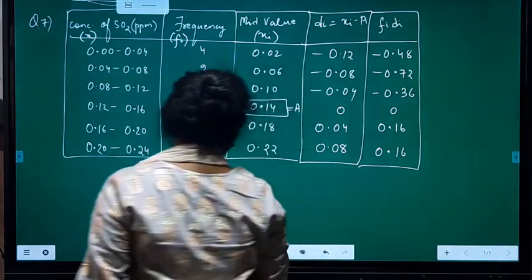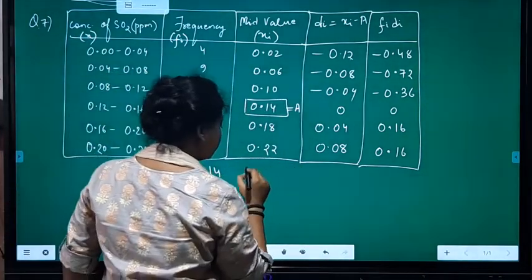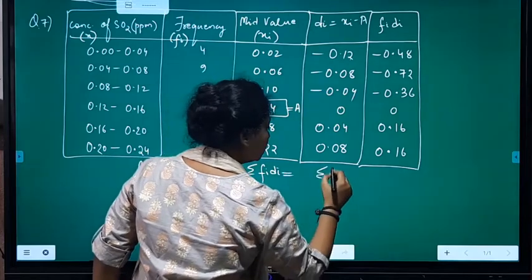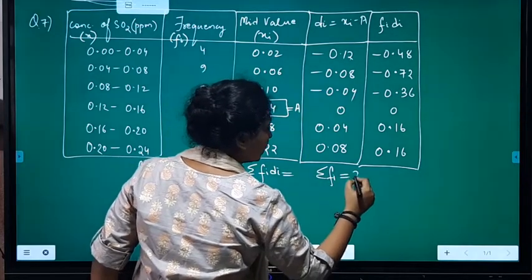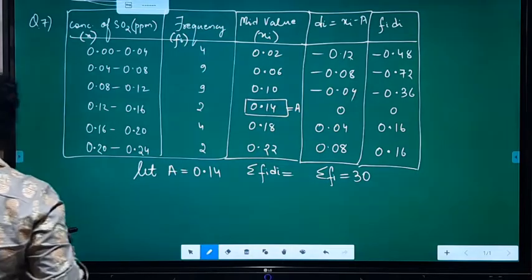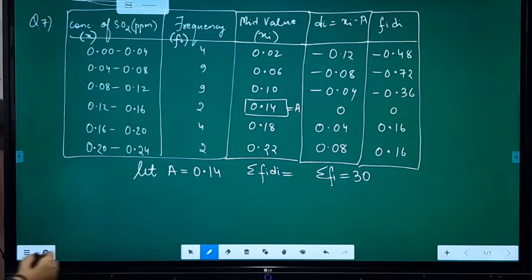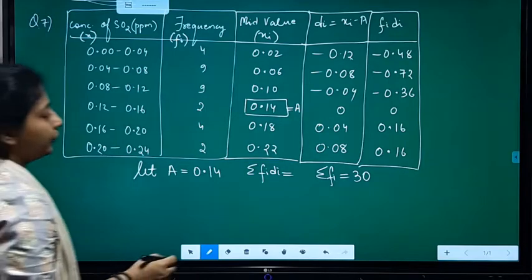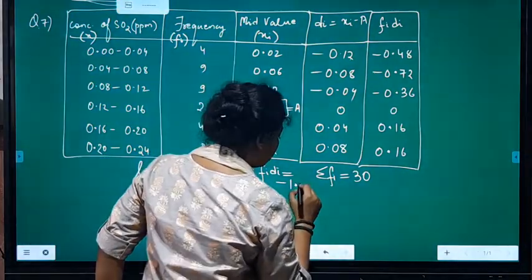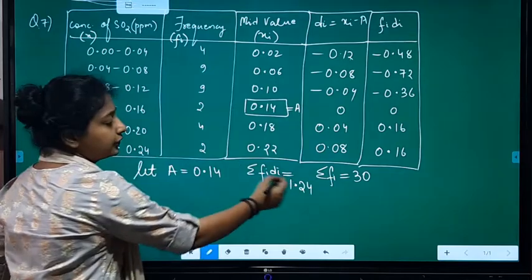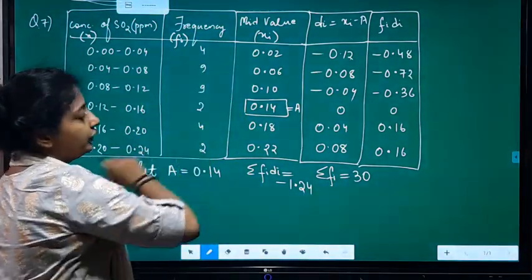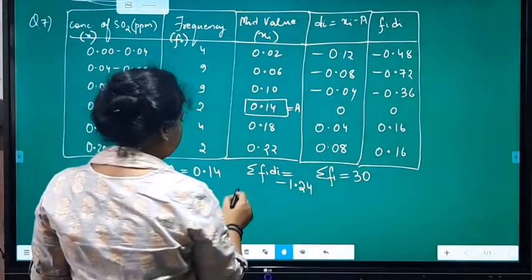We have to find here summation fi di and also summation fi. Summation fi is equal to 30 and summation fi di, when we add all of these, we will get minus 1.24. So minus 1.24 is the value of summation fi di, and summation fi, that is the sum of all the frequencies, is 30.